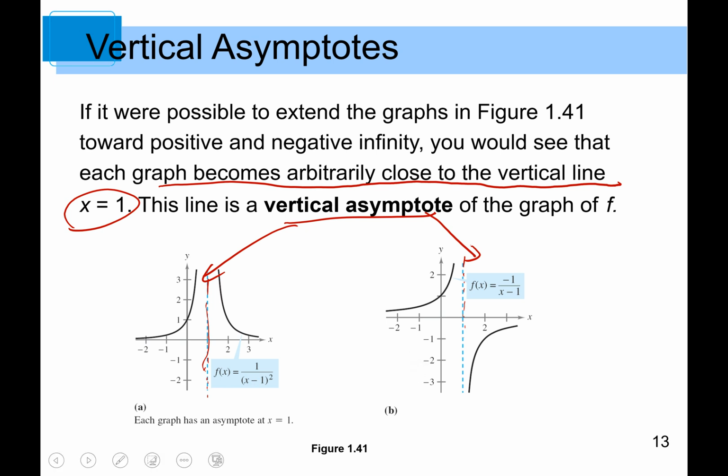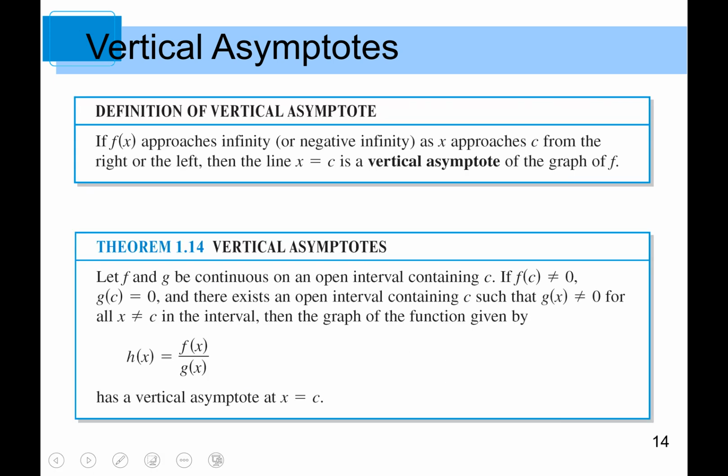That vertical line is the vertical asymptote. So the definition of a vertical asymptote: if f of x approaches positive infinity or negative infinity as x approaches c from the right or the left, then the line x equals c is a vertical asymptote of the graph of f.